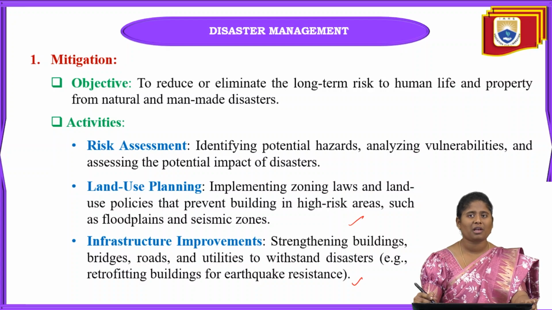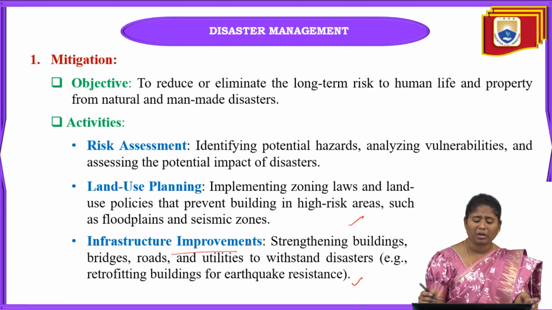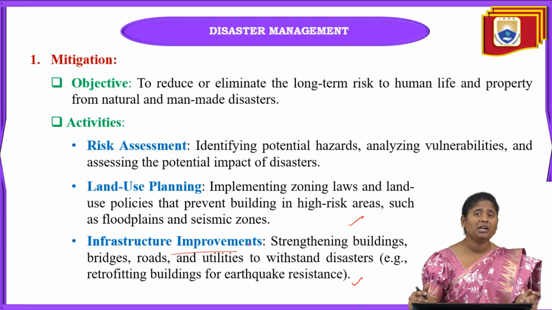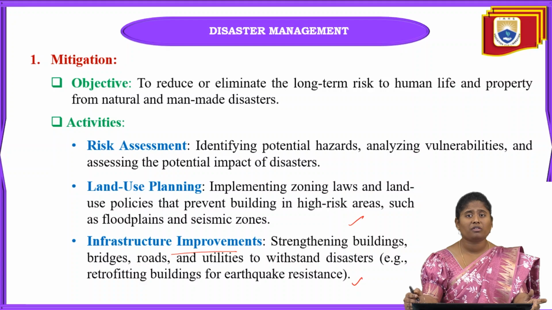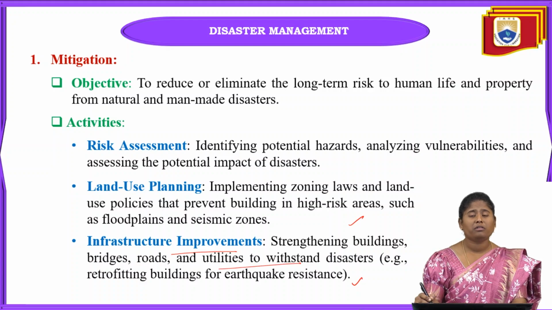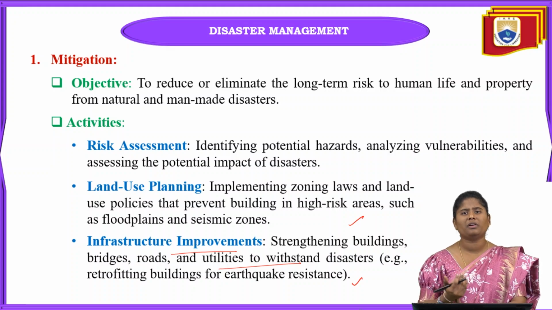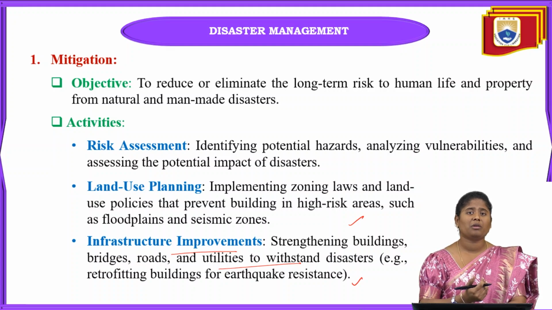So by doing these infrastructure improvements, we have to strengthen the buildings, whether very high rise buildings or low rise buildings, also bridges and hydraulic structures, to withstand the disasters. So we are going to construct earthquake resistant buildings also.